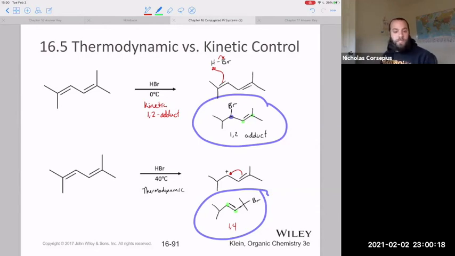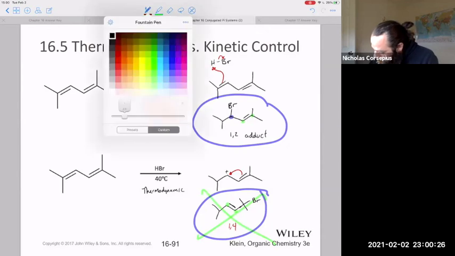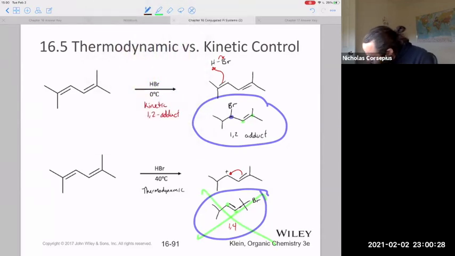So in this particular example, it's both the kinetic and the thermodynamic product. So it's not the 1,4 that's going to be formed at higher temperatures. It's also going to be that 1,2.